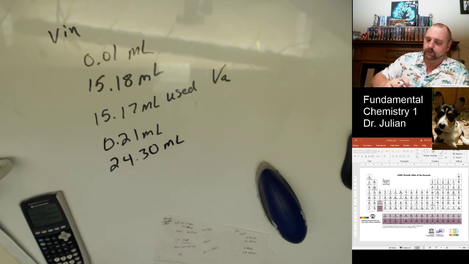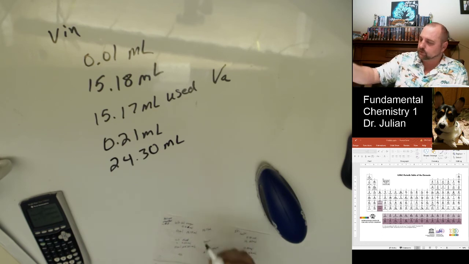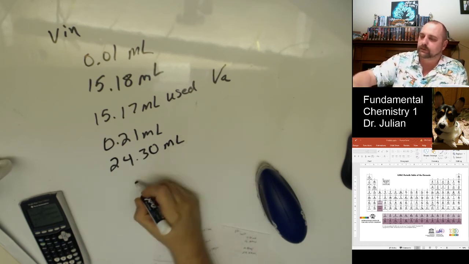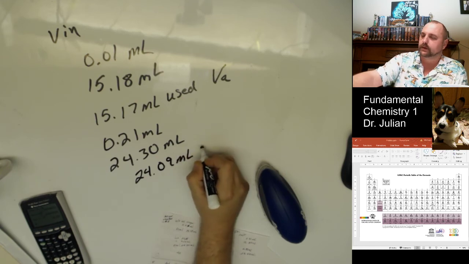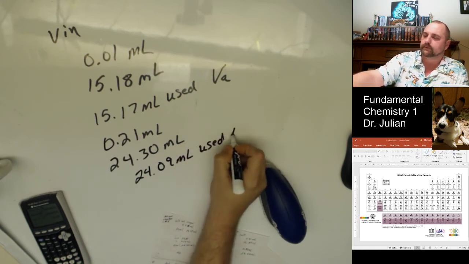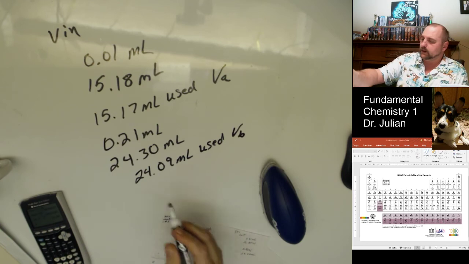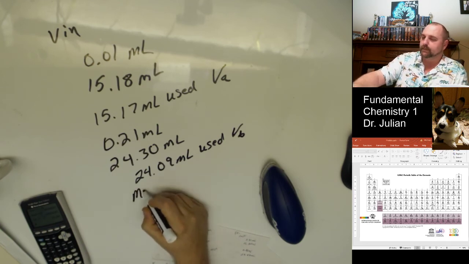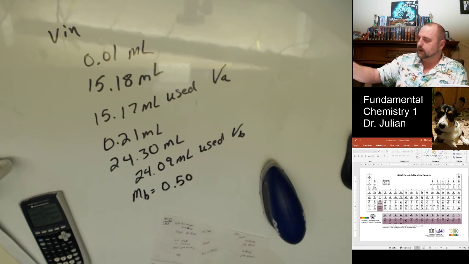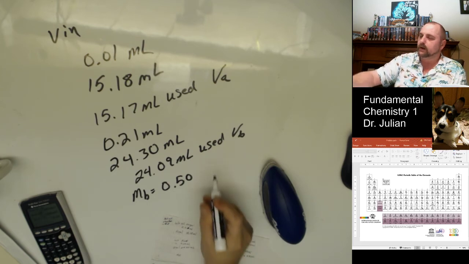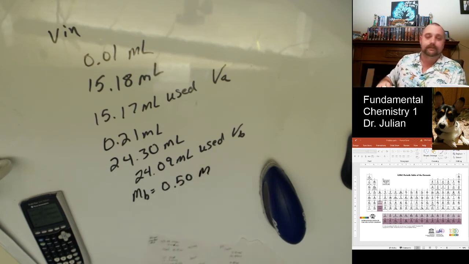So 24.3 minus 0.21, 24.09 milliliters used. That's the volume of our base. And the molarity of that base was 0.50. So this is capital M.